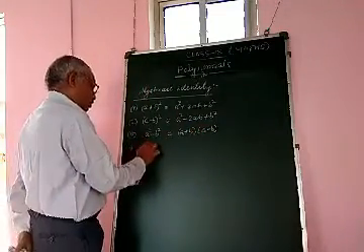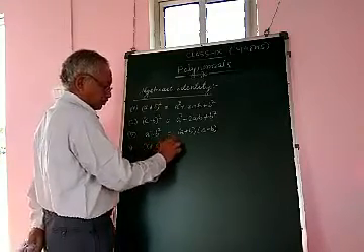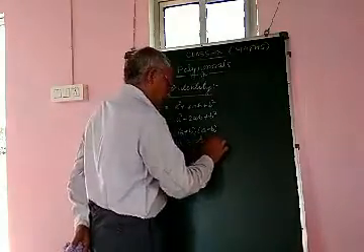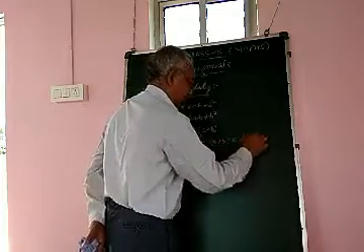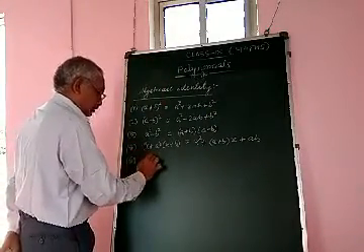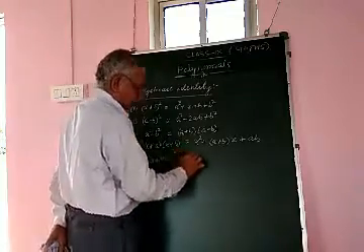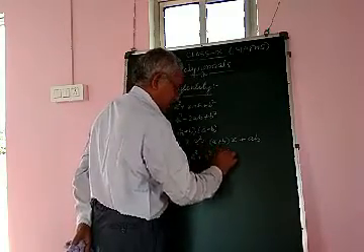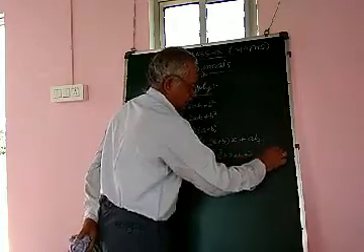And fourth, x plus a into x plus b is equal to x square plus a plus b into x plus ab. And the fifth identity is a plus b plus c whole square is equal to a square plus b square plus c square plus twice ab plus twice bc plus twice ca.